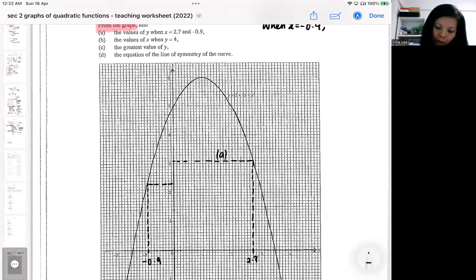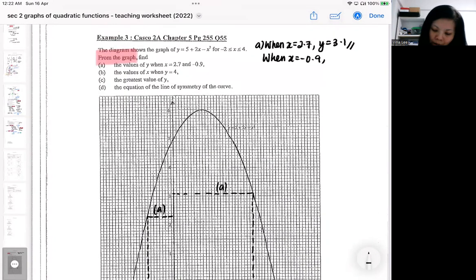So this one is also part A. The dotted line is an indication that tells people that's how you read. If not, nobody knows where you get the answer. So in this case, my y value is maybe around 2.3. My lines here are quite blurry. I think yours will be clearer.